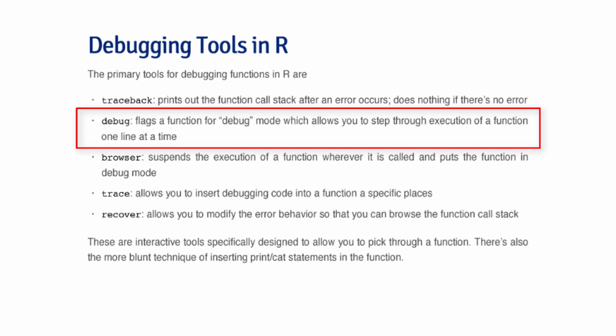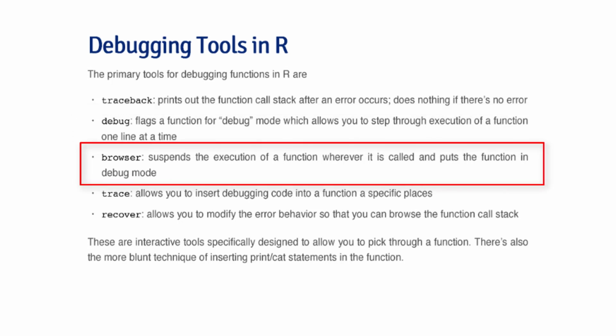You can then step through the function line by line, executing one expression at a time inside the function. So you can try to pinpoint a special line of code, and when the error occurs, you will be able to find out which line that is.